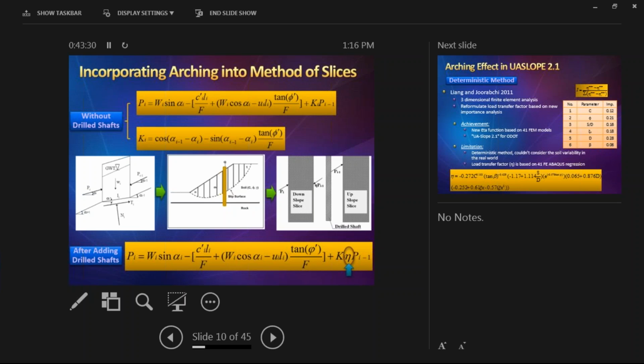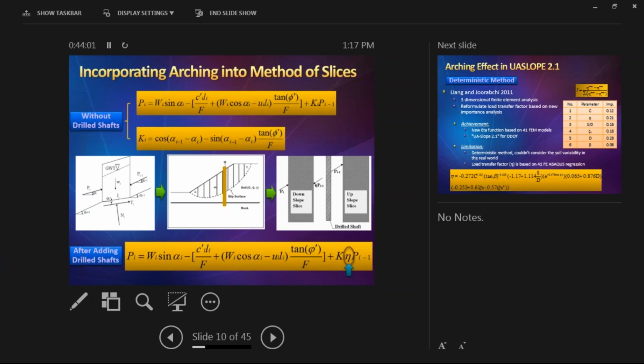We can modify it to satisfy both force equilibrium and moment equilibrium, but we have compared with other methods like modified Bishop and Janbu's method, and they are very similar. If you use force equilibrium, you can develop the iterative equation like shown here. Everybody will be familiar with this equation if they know the method of slices.